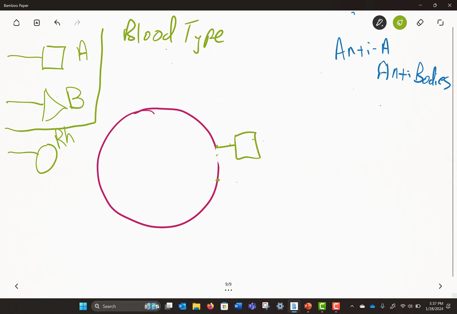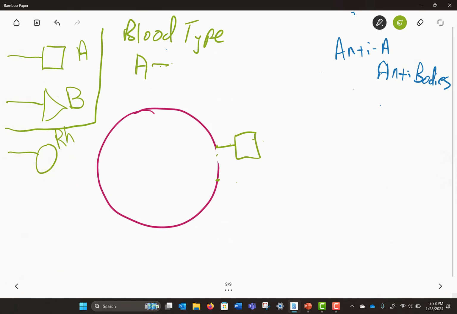So if this person has A antigens and they do not have B antigens and they do not have RH antigens, what do we say? Well, they are blood type A because they have A antigen. They are not blood type B. They don't have B antigen. And they do not have RH. So we say they are negative for RH. Blood type A negative means they have A antigen and they do not have RH antigen.